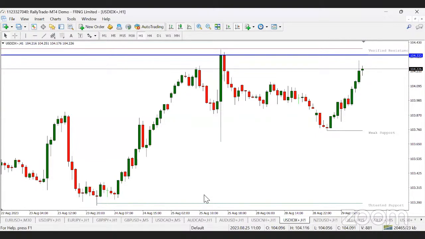So if you're on 5 minutes time frame, it means that each candle forms every 5 minutes. And if you're on 1 hour time frame, it means that each candle forms every 1 hour. I hope you got that.